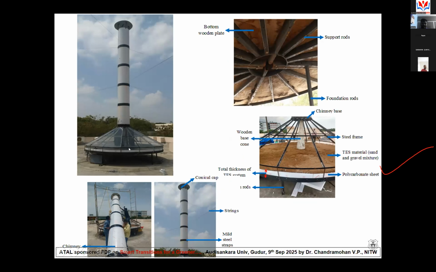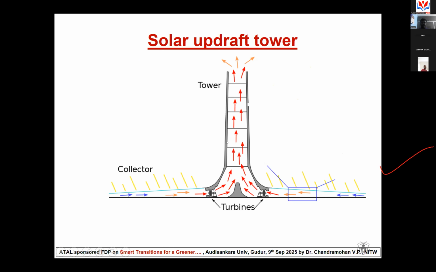So this is the air inlet. This is the solar air collector. And in the center, we are providing the chimney. Chimney means a simple cylindrical tower provided at the center. What will happen when the air enters inside? The solar air collector is just normal glass plates, window glass, similar to what we saw in the solar dryer.